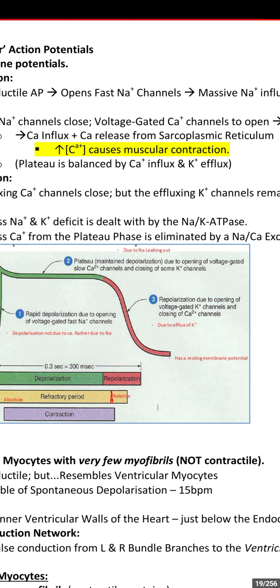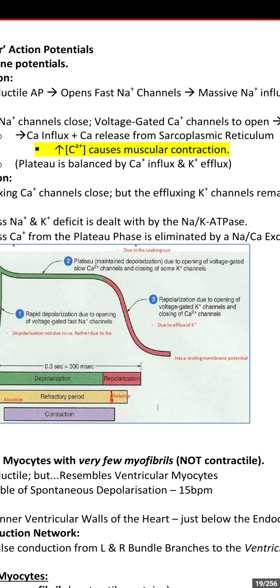So for about half a second, the depolarization is maintained due to the opening of voltage gated slow calcium channels and closing of some potassium channels.